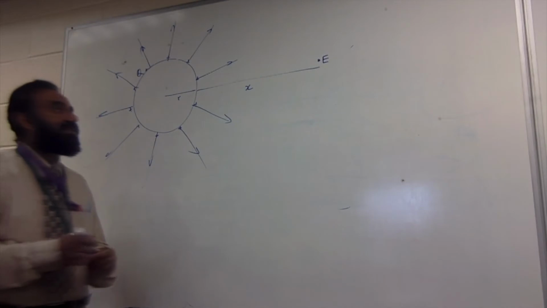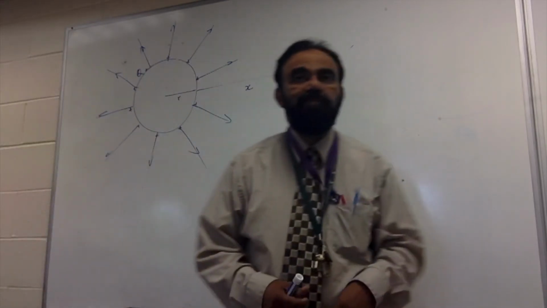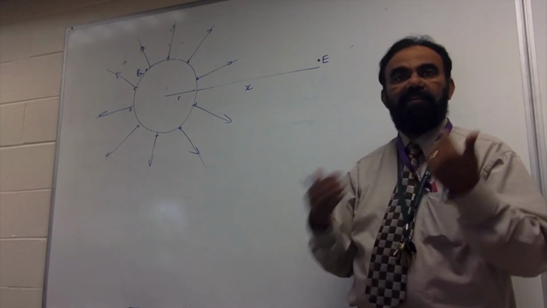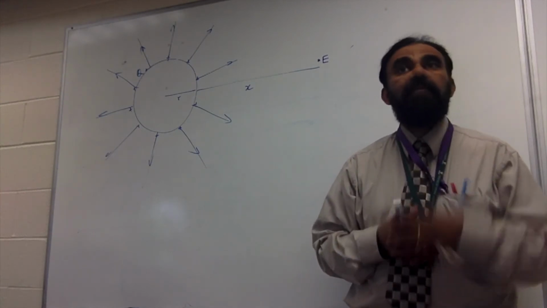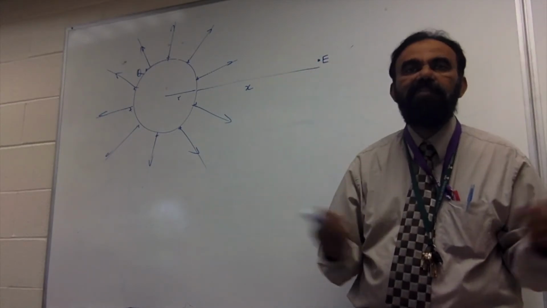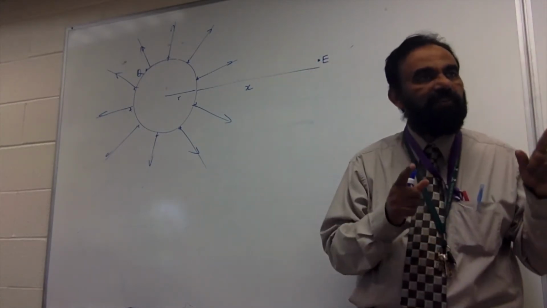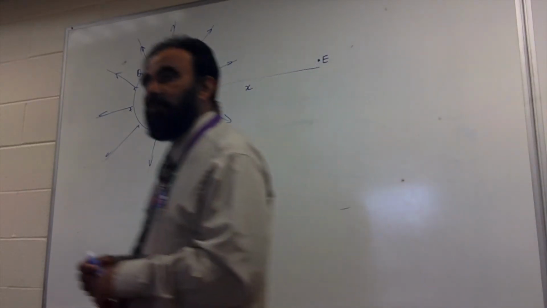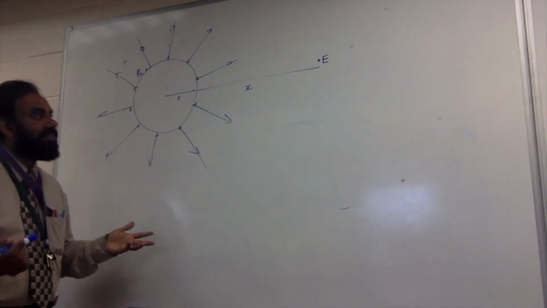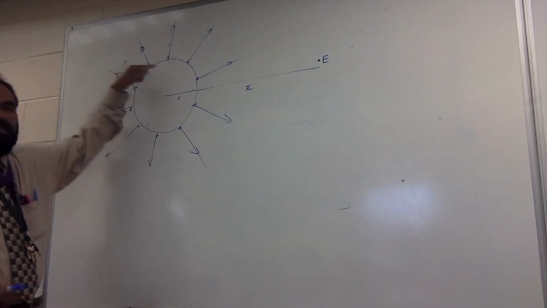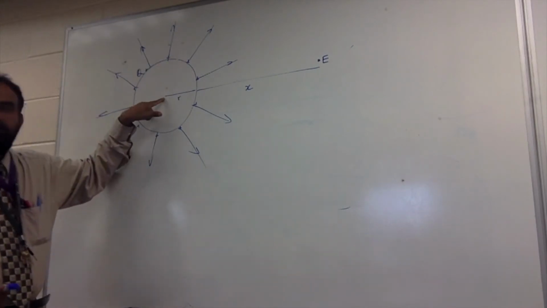Which means standing here, looking at these arrows, the field lines coming to you, can you say that yes, it is coming from the center? No. Is it coming from the surface? You cannot differentiate where it's coming from. And since you cannot differentiate, it makes it easier. So then what you do is consider all this to be concentrated in the middle.